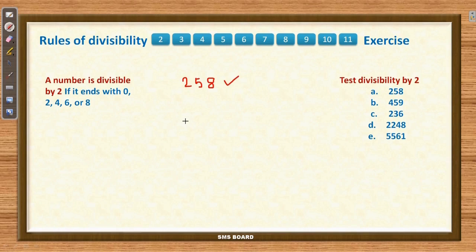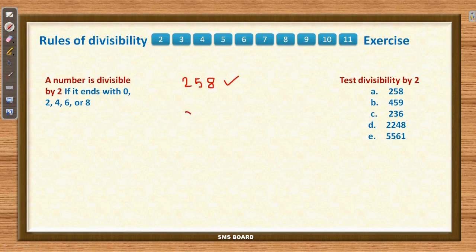We can test divisibility of a number by 2 by actual division. If in actual division the remainder is 0 when you divide 258 by 2, then 258 is divisible by 2.